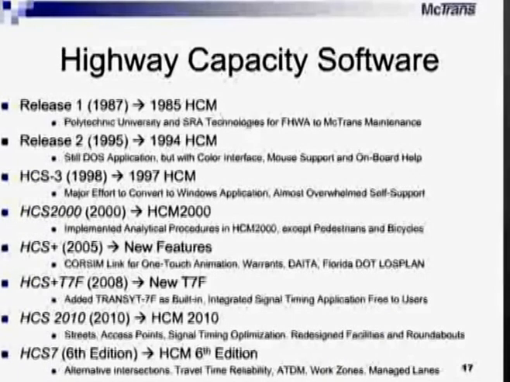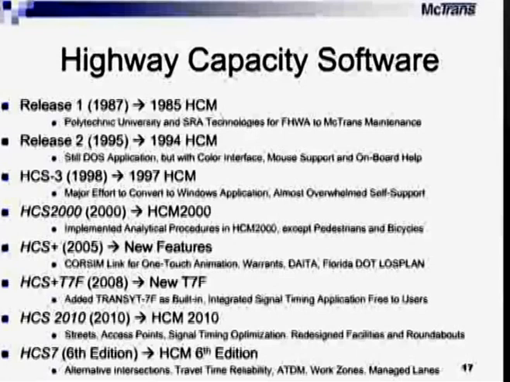So here's the history. Again, Polytechnic University created the HCS back in 1987 on an Apple IIe. You guys probably don't even know what that is. And then the Federal Highway Administration, who paid for that project, decided that IBM was going to beat Apple and had to convert it to DOS, and a lot of you don't know what that is. And so the DOS version was given to McTrans because that's about the time McTrans began in 1986.